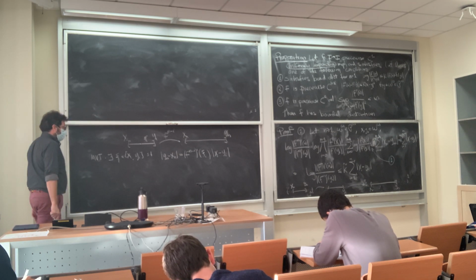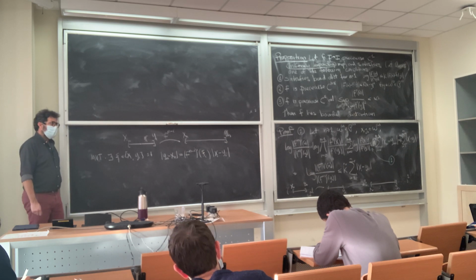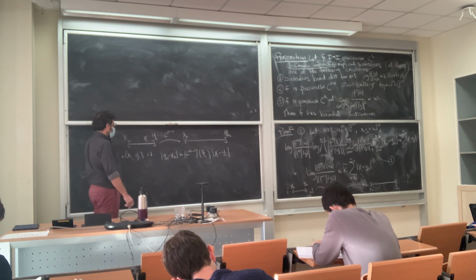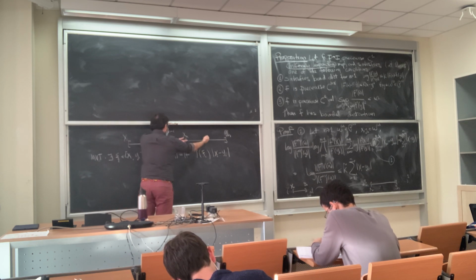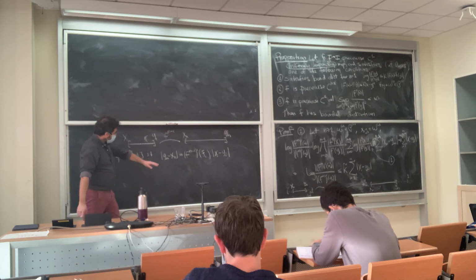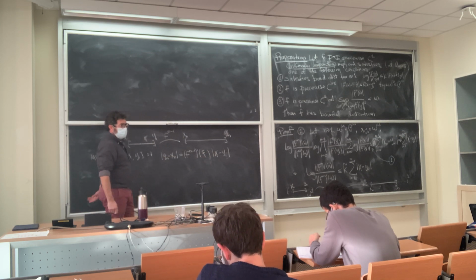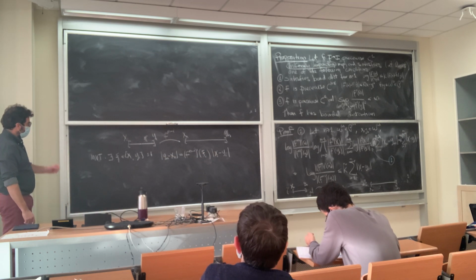This is exactly what the mean value theorem says, because this is the average derivative, right? The ratio between this and this is actually achieved at some point as the derivative itself.